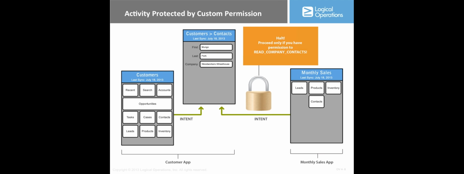So if my stated goal, for instance, is to protect the customer's app data, right, from unauthorized users, someone that does not have explicit permission to access the application, how am I going to do that?